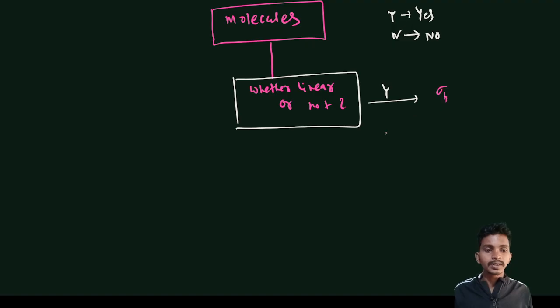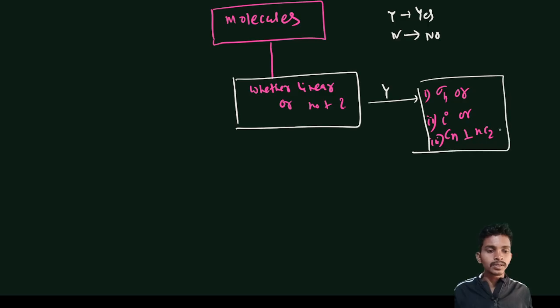Whether it has sigma h. We can also ask whether it has i, or whether it has Cn perpendicular to nC2. Any one of these questions you can ask.